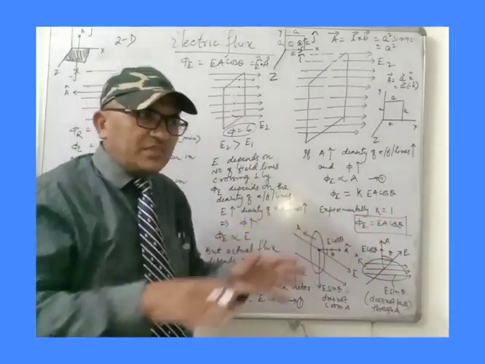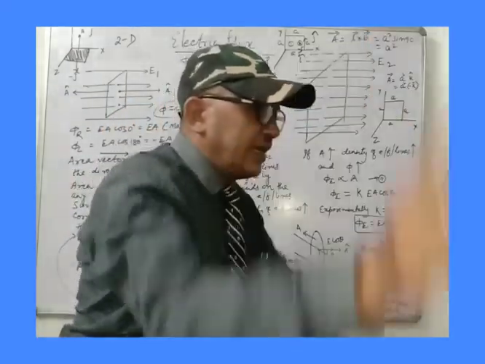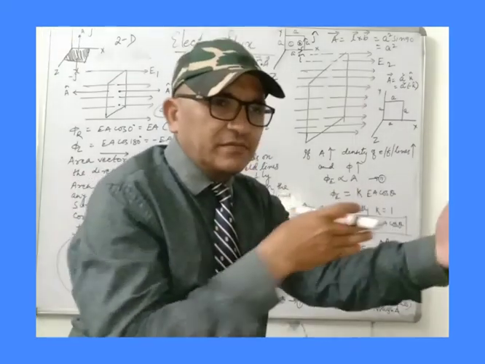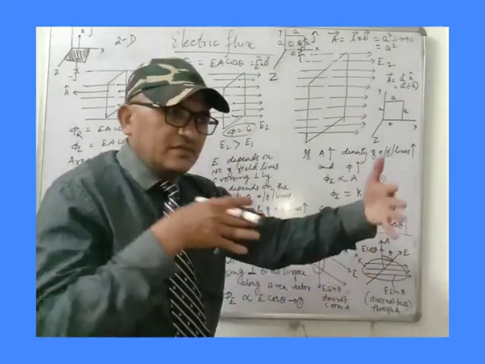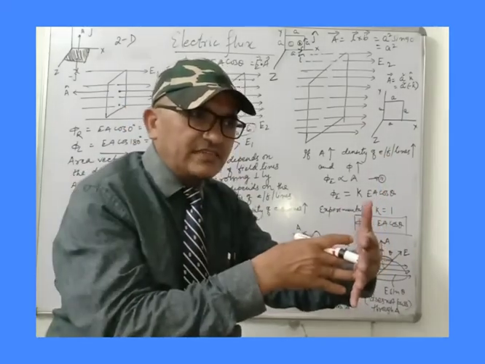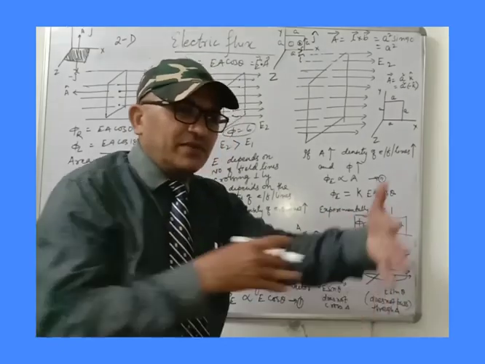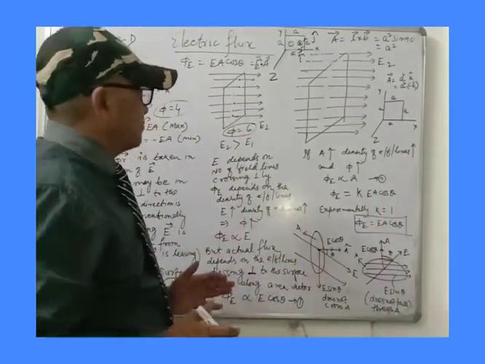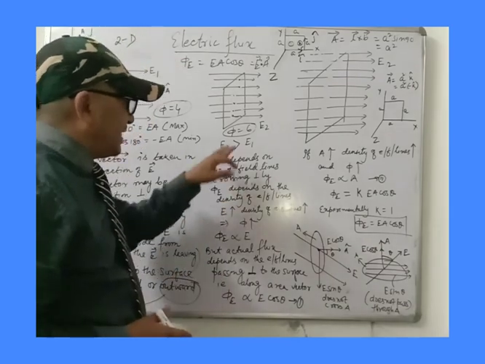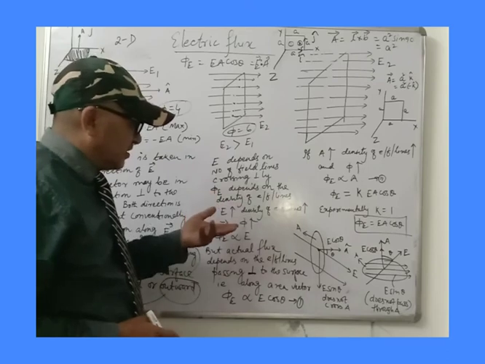Flux is something that is crossing, some kind of energy that is crossing through an area perpendicularly. Field lines, it may be electric field lines, it may be magnetic field lines, it may be flow of water, it may be flow of air. Okay, that is flux.